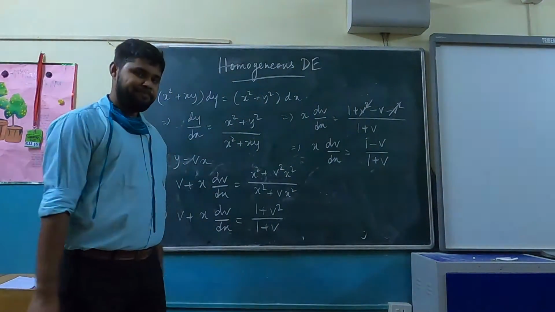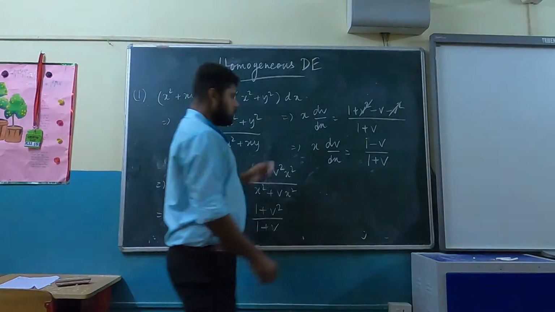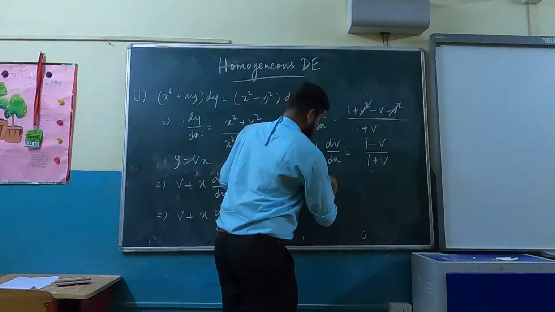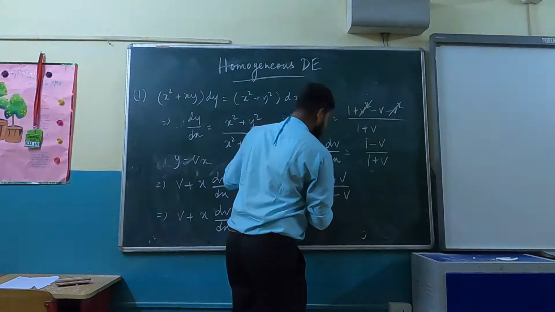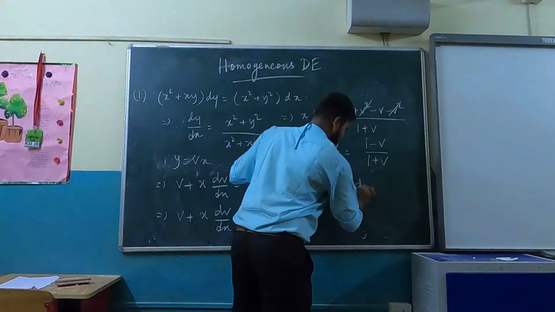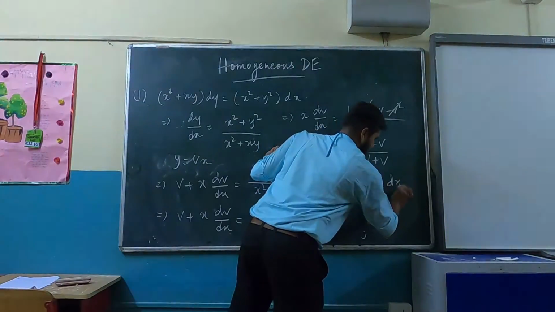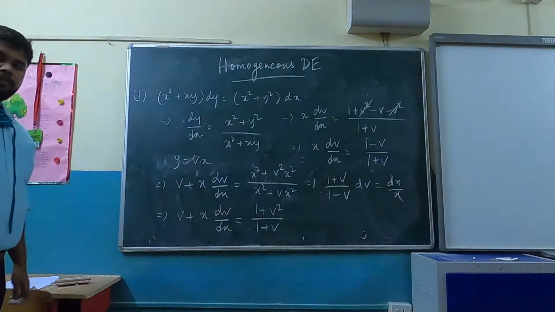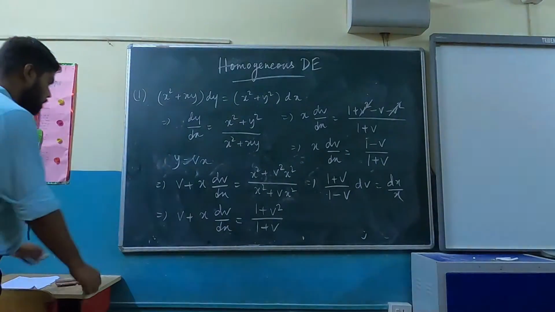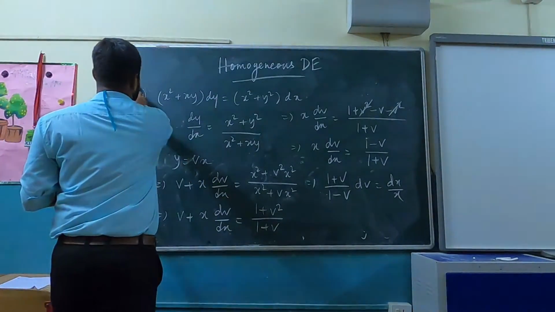This is what we get. So this is 1 plus v by 1 minus v. Fine.